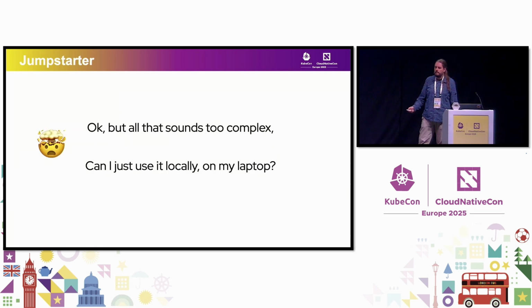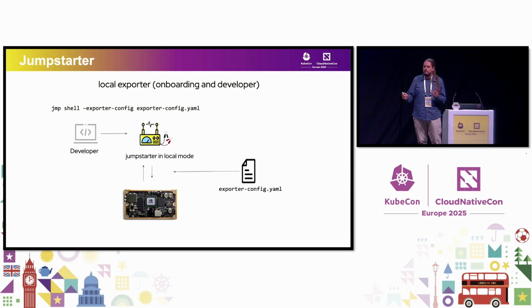It can run your tests. But I'm a developer, and this sounds too complex. So you can start with something like this. You have the Jumpstarter framework and client. It's written in Python, and I will explain why later.